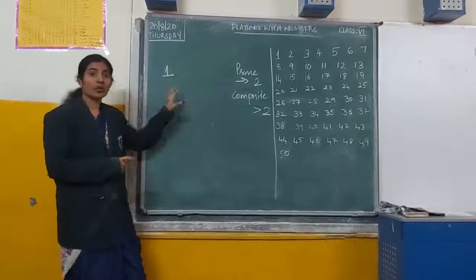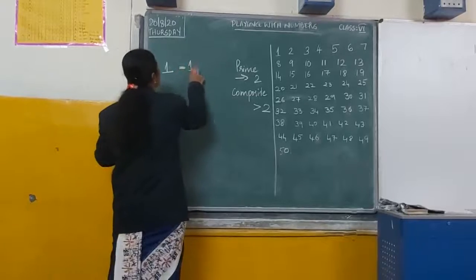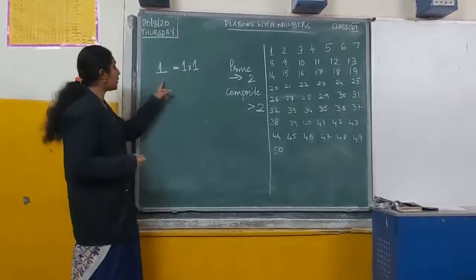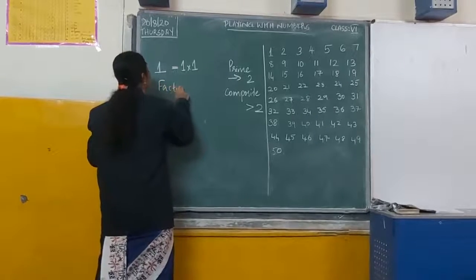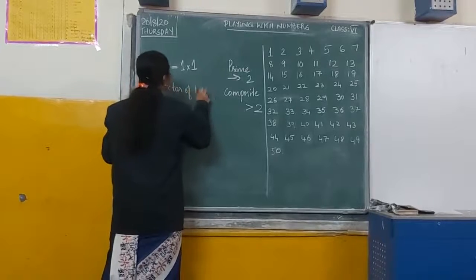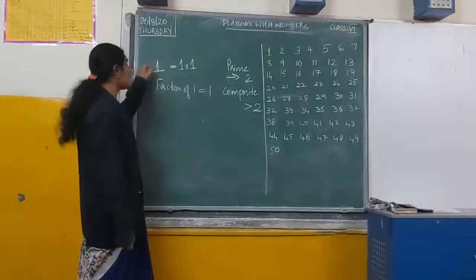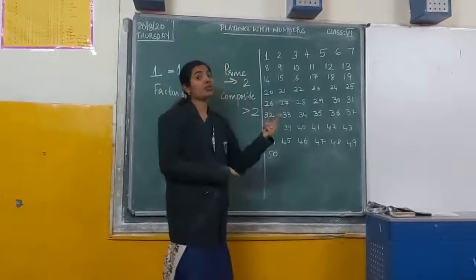First we will check for prime number. 1 ones are 1, isn't it? So which are the factors of 1? The only factor of 1 is 1. So this number has only 1 factor, but a prime number has 2 factors.